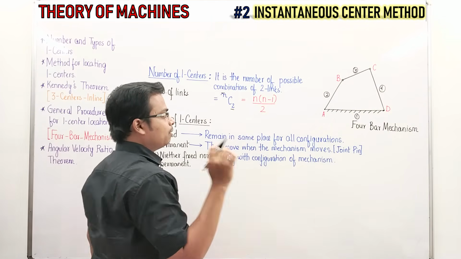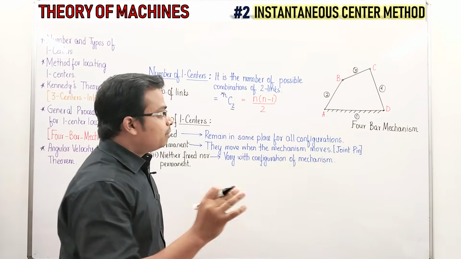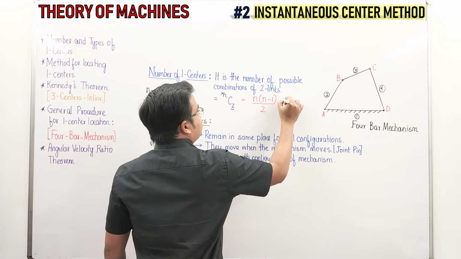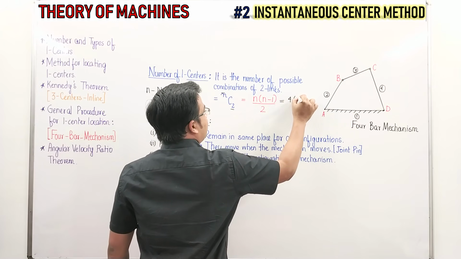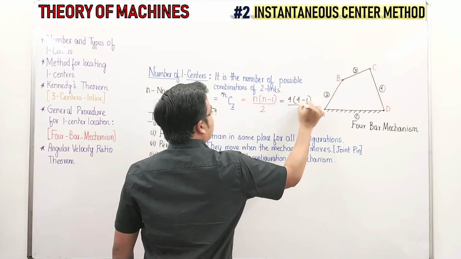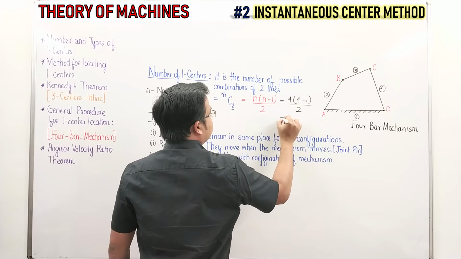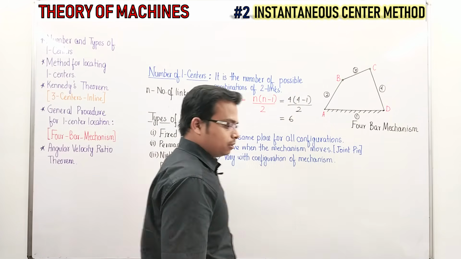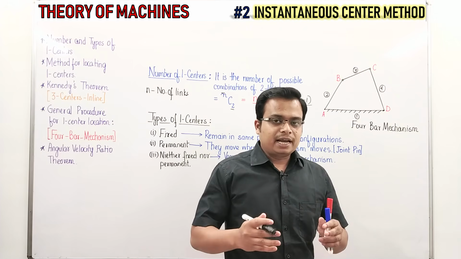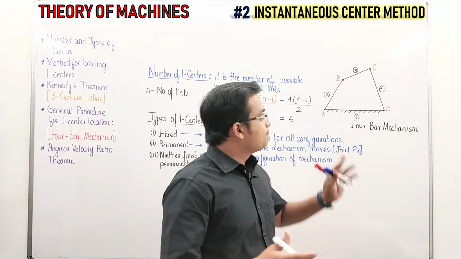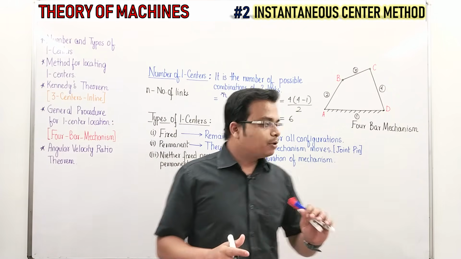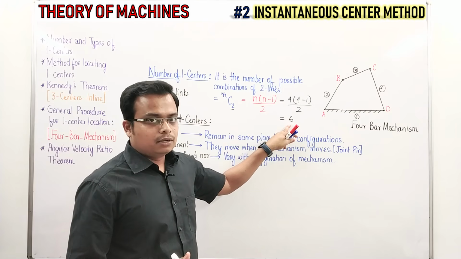Now, can you get me the total number of instantaneous centers? Just punch in the value n as 4, so 4 into (4 minus 1) by 2, and this is 4 into 3 by 2, which is 12 by 2, obviously 6. So we know very well that for a 4-bar mechanism, having 4 links, the number of instantaneous centers is 6, right?